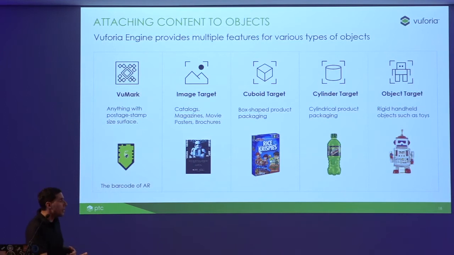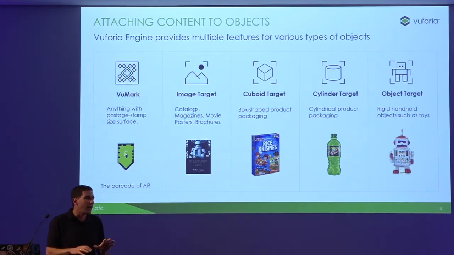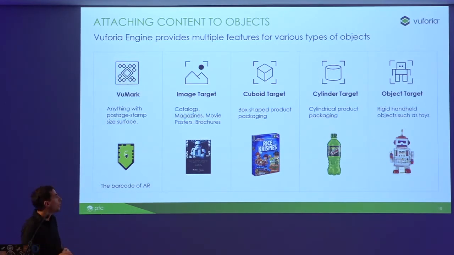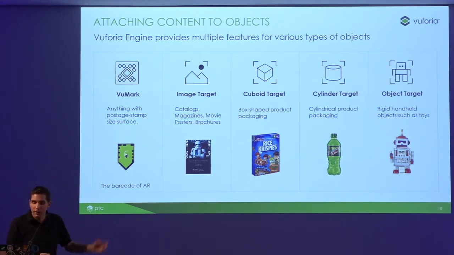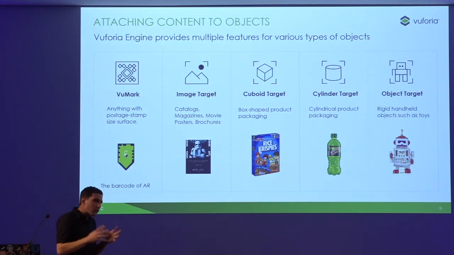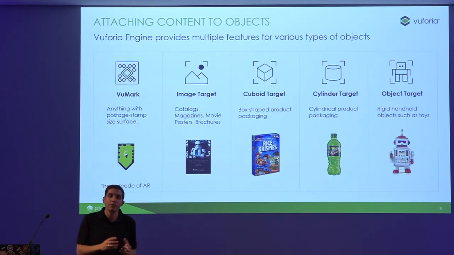If you're looking for a third dimension, we have multi-targets, cuboid targets. Anything that's box-shaped, packaging, anything with a lot of different sides you want to work with, our cuboids allow for that. Cylinder targets are a lot of fun. They allow us to properly augment things like bottles and mugs and anything that's cylindrical, obviously. The quick example I showed earlier uses a cylinder target. And if you have something that's small, hard, and rigid, object targets are really useful.